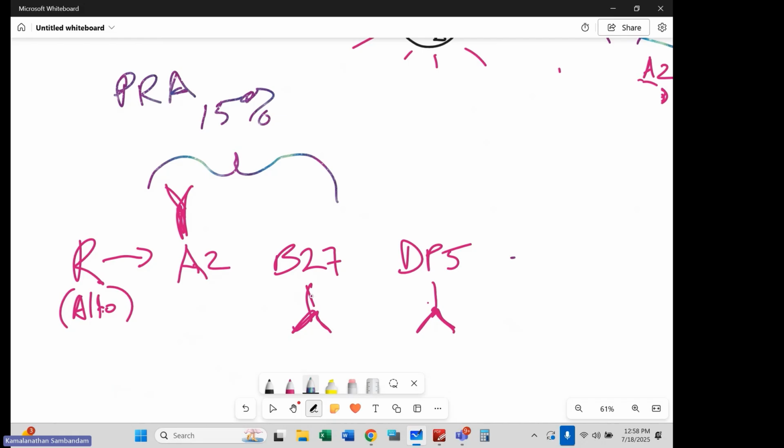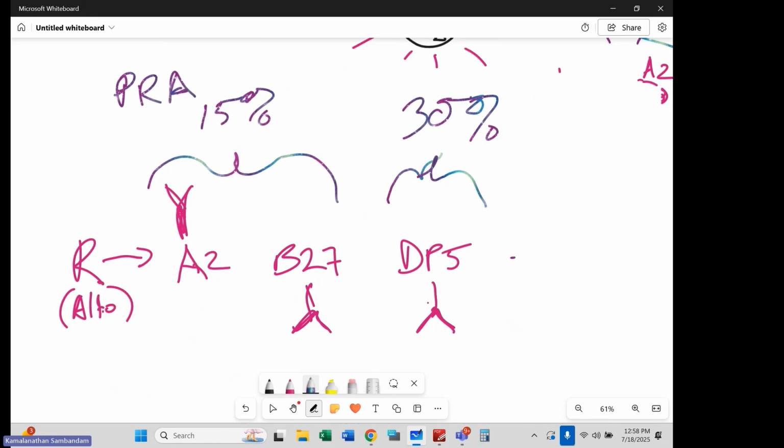Okay, it says by virtue of the fact that this recipient produces an A2 and a B27, they're incompatible with about 15% of the donor pool at class 1 HLA. And they'll say your PRA for class 2 is going to be 30%, something like that. You'll get two numbers out: PRA class 1, PRA class 2.